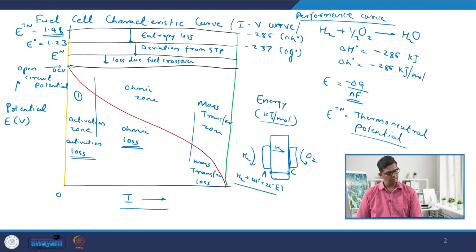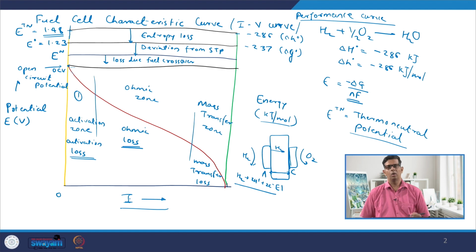So finally, if we have a fuel cell, we will be able to see the potential across the terminals, which we call the open circuit potential or open circuit voltage, abbreviated as OCV, and this is the potential that is actually available for us to explore when we draw more and more current.